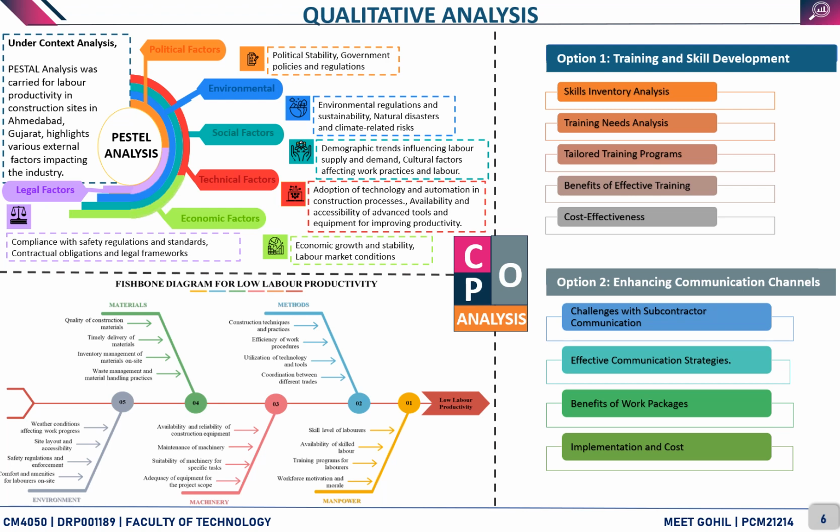It highlights various external factors impacting the labor productivity. The major political factors are political stability and government policies and regulation. Under environment, environmental regulation and sustainability is the major factor. Second is natural disaster and climate related risk which are associated to labors directly.